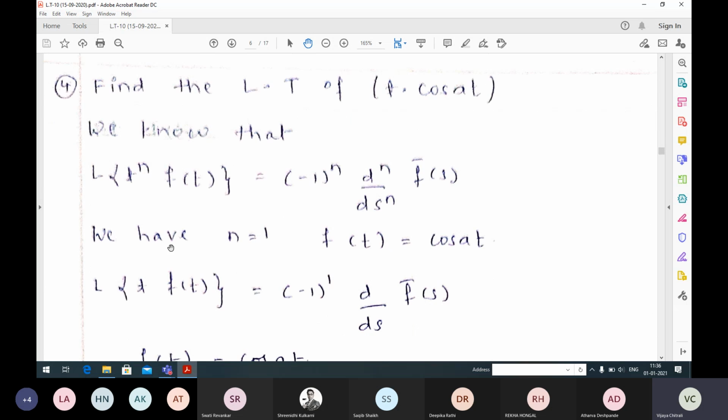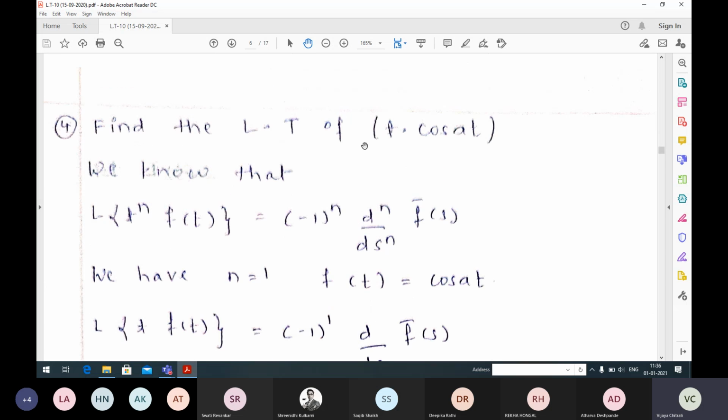Now move on to the next example. Find the Laplace transform of t cos at. Now, we know that the Laplace transform of t raised to n f of t is equal to minus 1 raised to n, d raised to n divided by ds raised to n, f bar s.